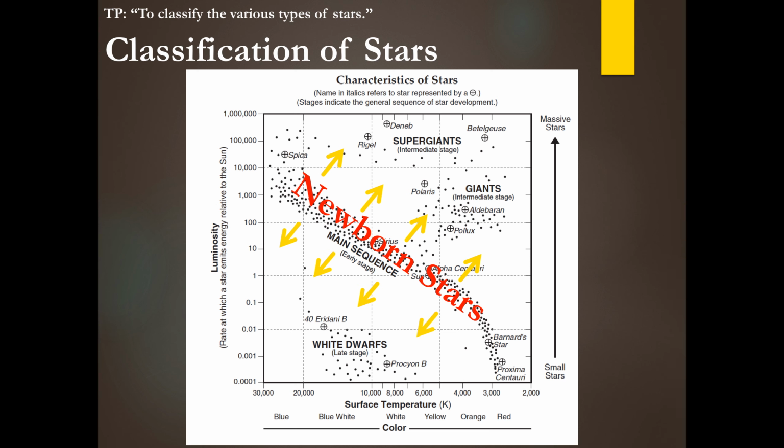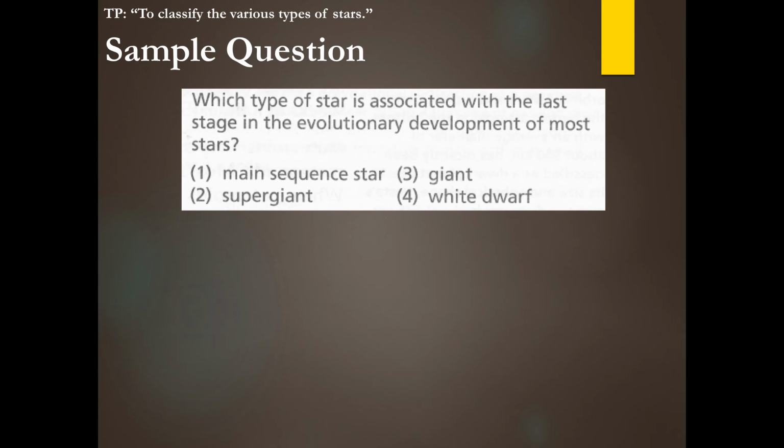So we have newborn stars, and then from there, it will eventually die off. We have an intermediate stage, and we have our late stage. So the best answer is the white dwarf.